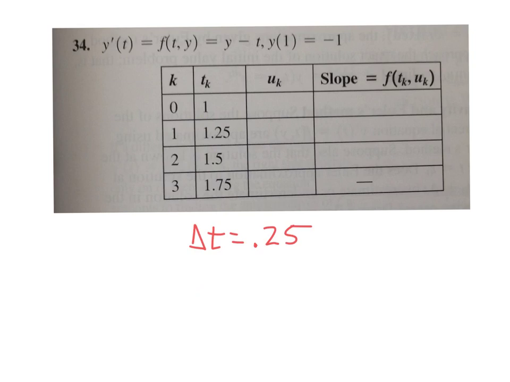This is an initial value problem, and they give us this statement here. They started us at 1, like 1 time interval. You can think of it as seconds or minutes or whatever you want. And then this is our initial step.